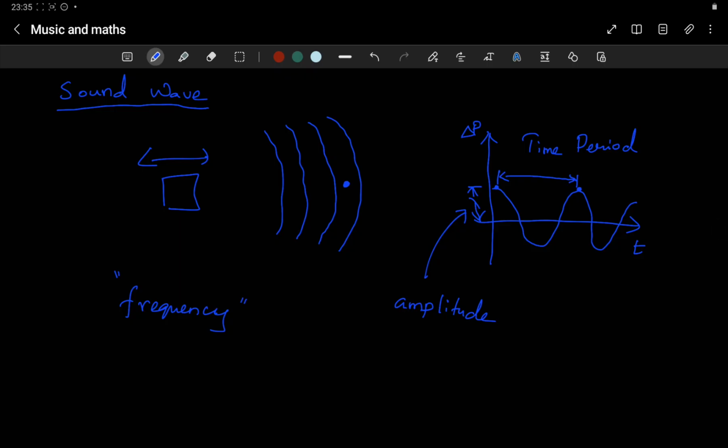These physical quantities contribute to the way we hear different sounds. We hear one sound different from another because of these physical properties, and not just these, but also other physical properties, which we will discuss in detail later.